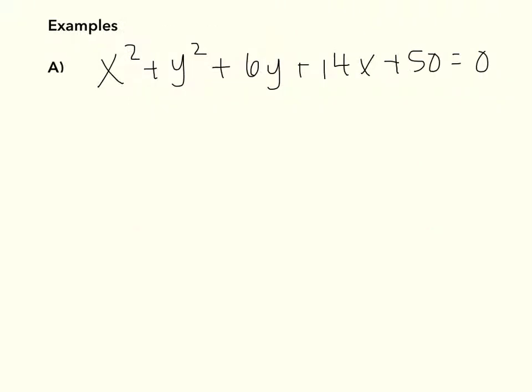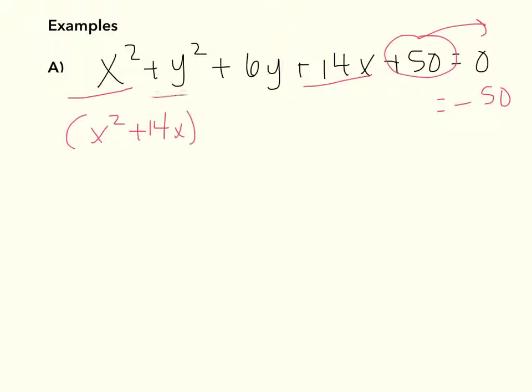Okay, so let's try this example together. Remember, first we want to move our c to the other side, if we have one, and we do. It's 50. We move it over here, it becomes -50. Now I'm going to group my x's and my y's together. So I've got an x squared and a 14x, so they're going to go together in parentheses.